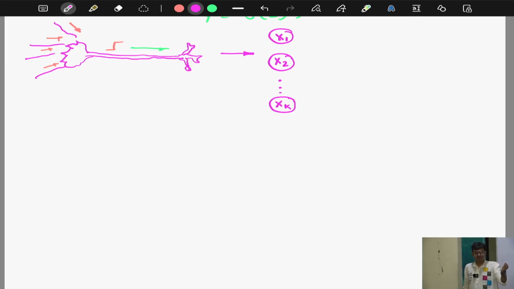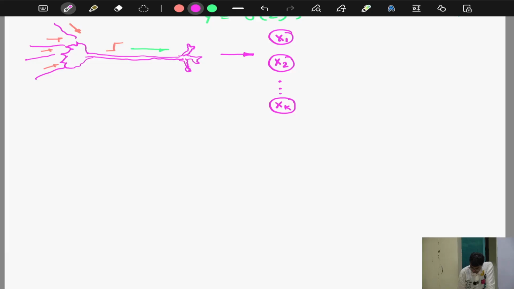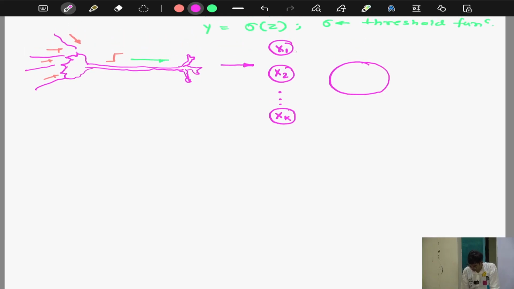Each feature is a node, neuron. Okay. And then there is this operation. All this will go here, and your output will be y.